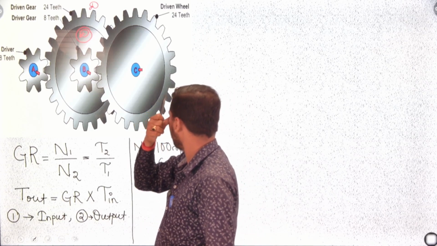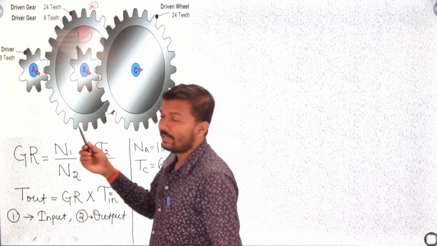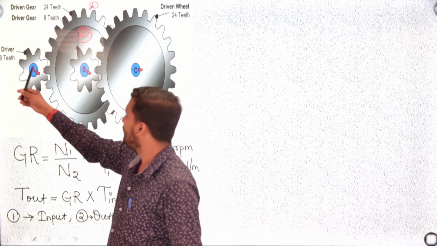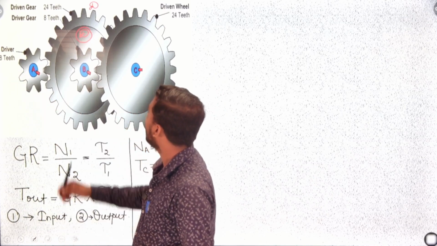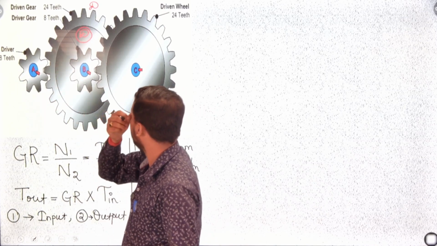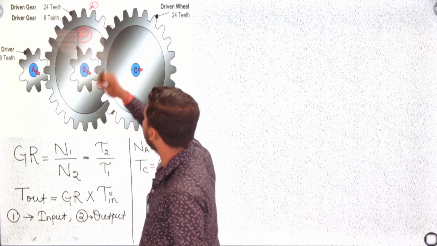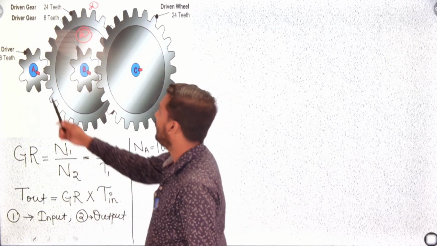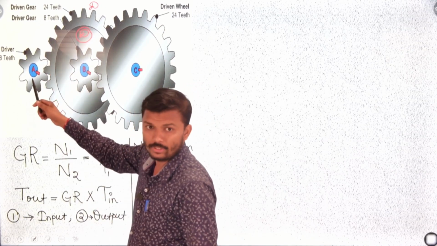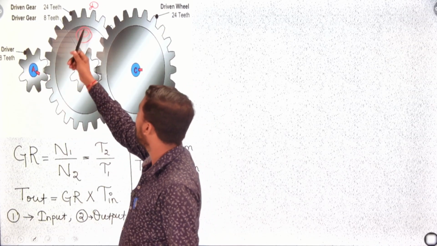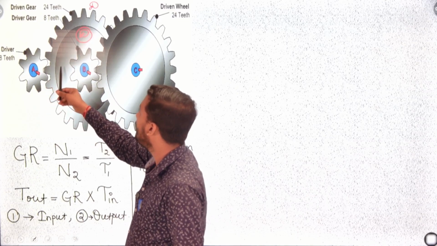What is happening over here? What are the driver teeth? A is a driver and B is a driver. The driven gears are D and C. If A rotates, then D will rotate, because A is connected to D directly.